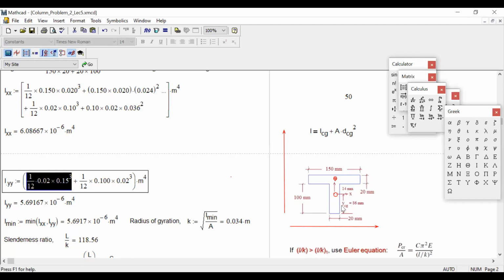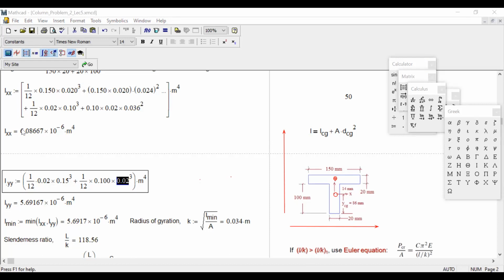Now you take the bottom one, 1 by 12 BH cube. Same thing, in that case B will be 100, and H will be 20. Okay. Now, what will be the CG for this area? CG will be right over here, right? Again, along the x direction, both are on the same line. So d is 0. So this is your IYY.